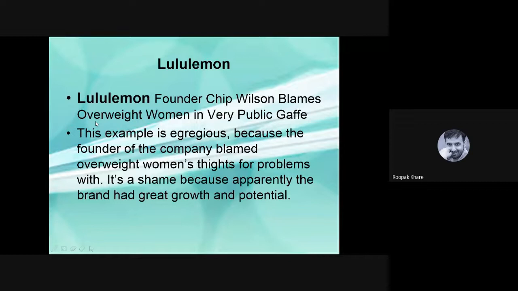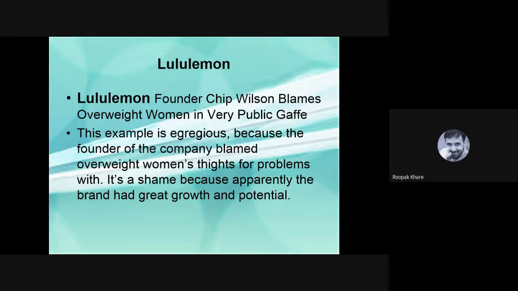Let us take some examples. Lululemon was a company that manufactured sportswear, right? The outfits that you wear while working out, or some athletics, or some kind of sports that you're performing.